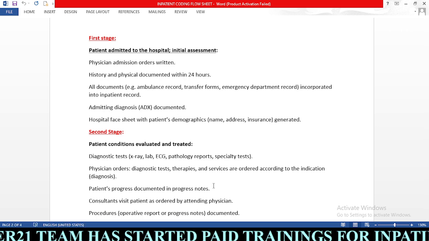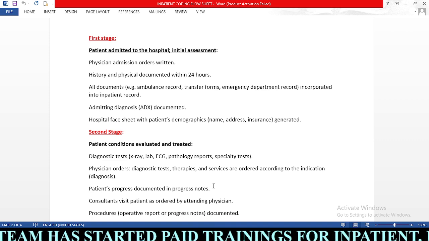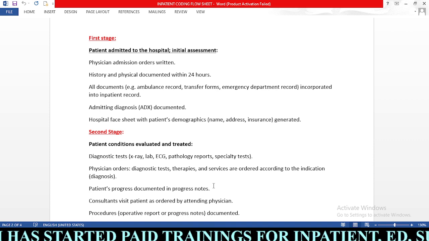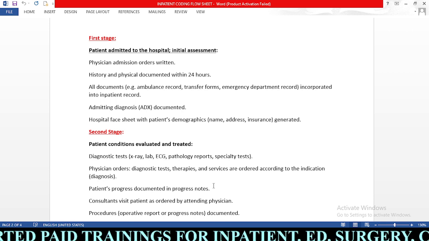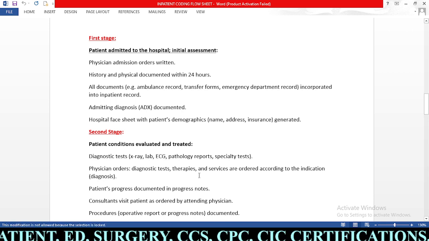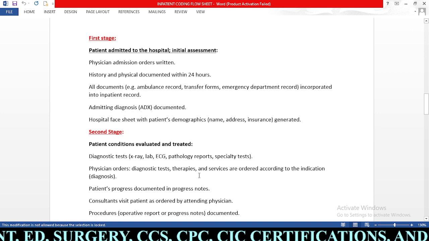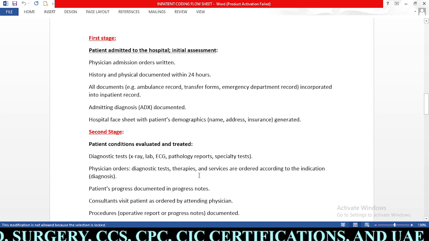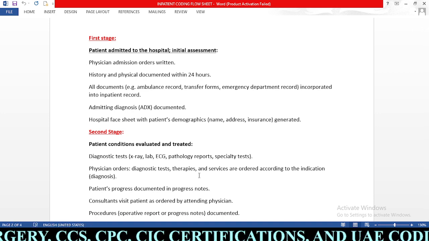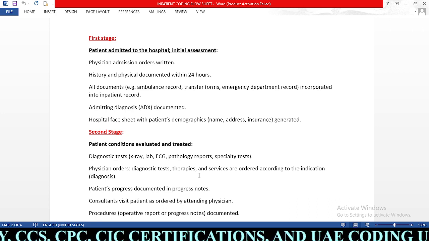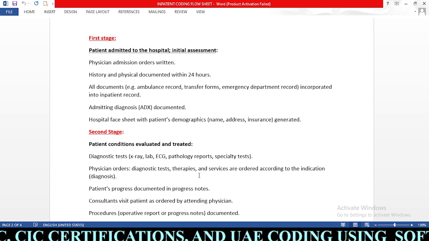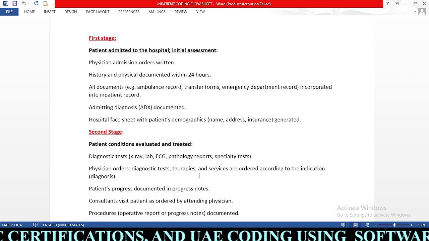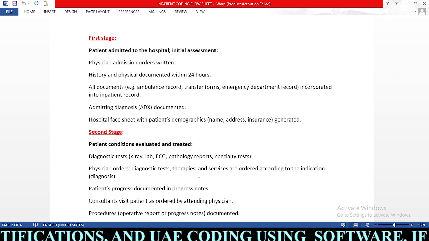In the first stage, as we have discussed previously, the patient will be admitted to the hospital and will undergo initial assessment. So what happens in the first stage? Physician admission orders are written, history and physical documented within 24 hours, and all documents including the ambulance record, transfer forms and emergency department record are incorporated into the inpatient record.